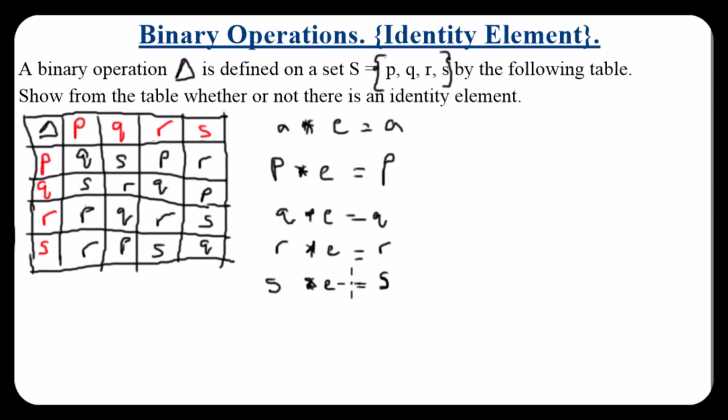Now, is this the only way to do this? Of course not. We can as well come from the row. Since in the last question we used this approach, I'm saying we can also use this approach.